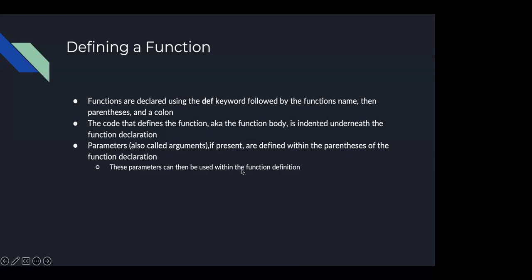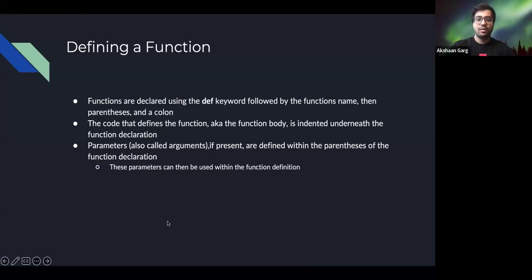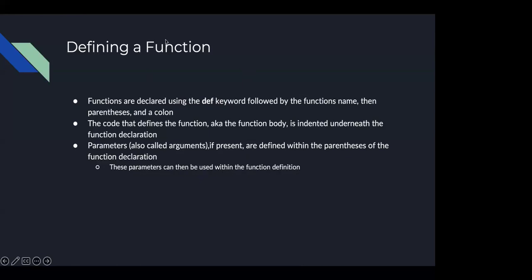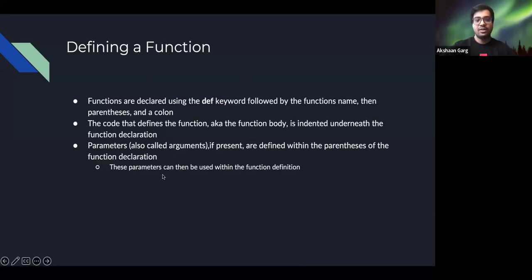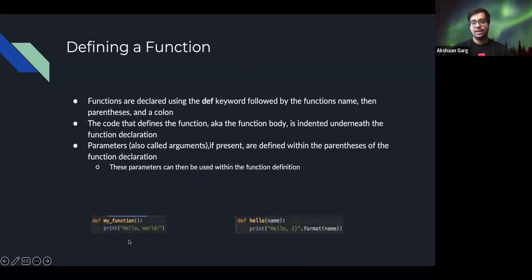Now, functions can also take parameters, which are called arguments. These can be defined within the parentheses of the function declaration, and can then be used within the function definition. Here you can see an example of two very simple functions.